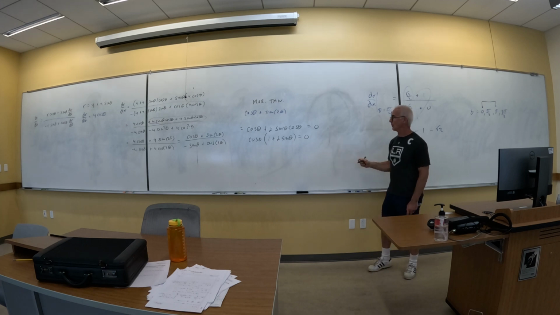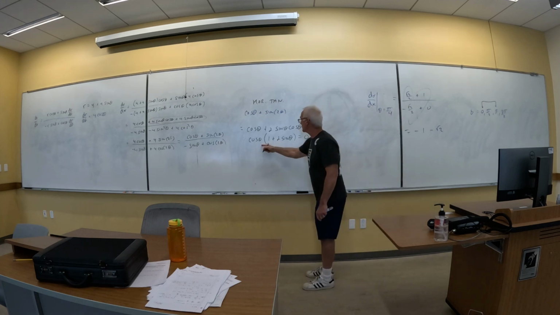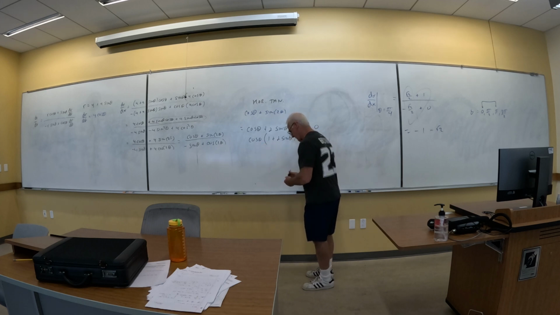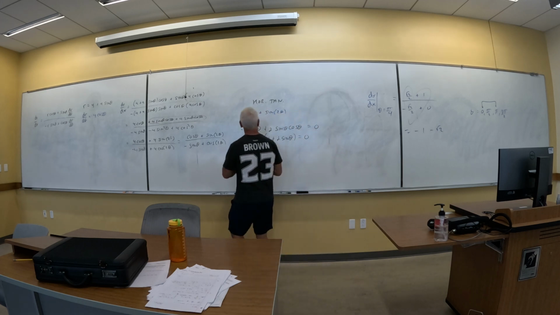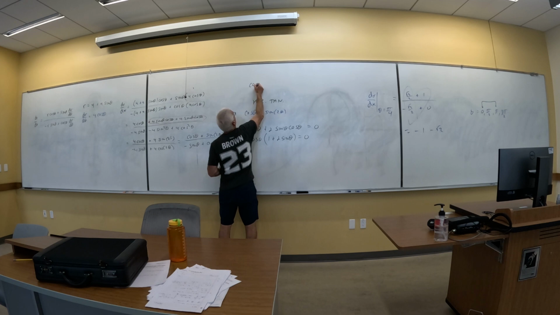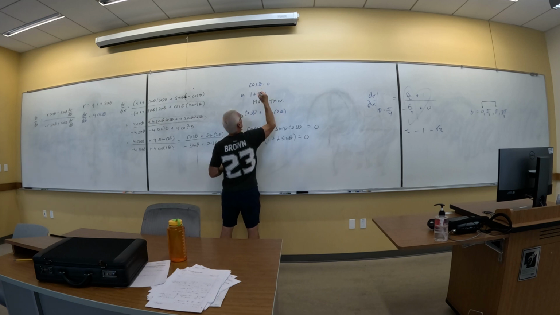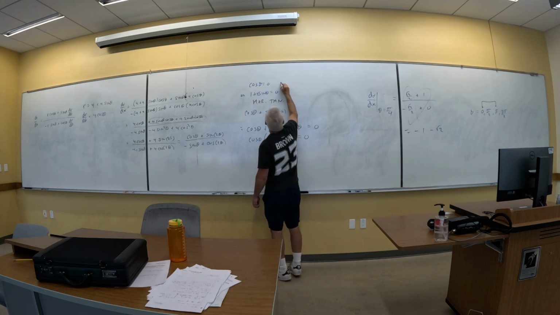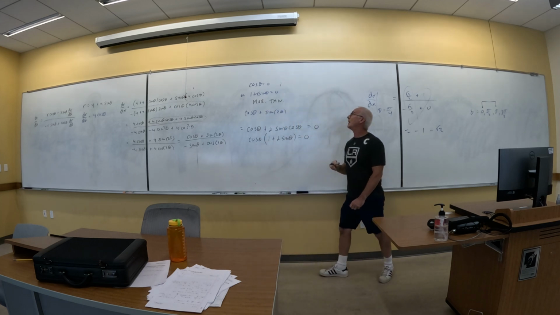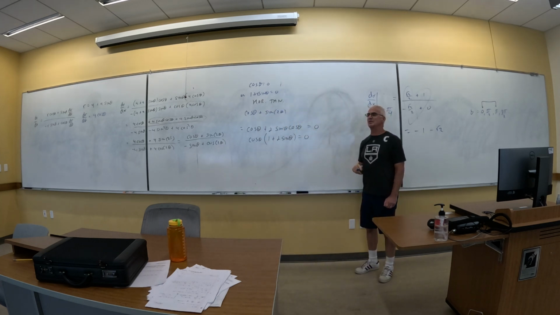All right, so what do I need? I need the cosine of theta to be 0. I'll put it up high, otherwise I'm drifting too far down the page. I need this to be 0, or I need this to be 0. Well, cos theta is 0. We know it, pi over 2, 3 pi over 2, and so on.